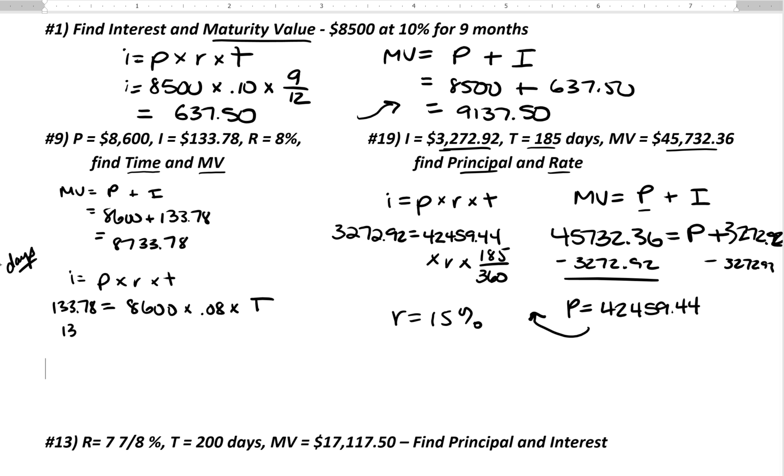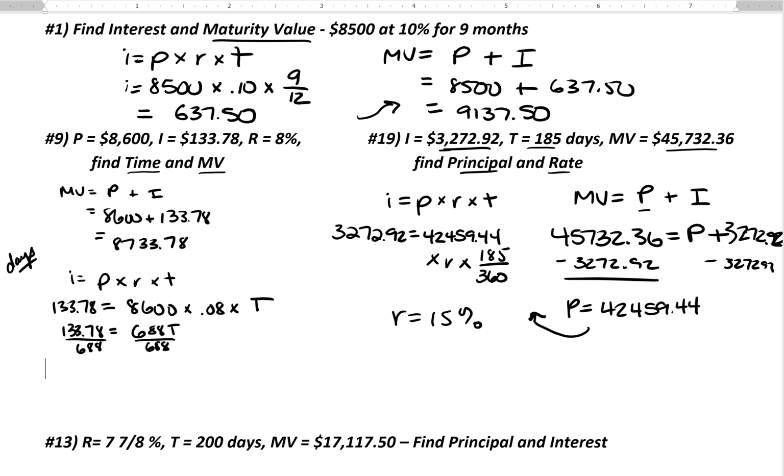So we get 133.78 is equal to 688 times time. 8,600 times 0.08 is 688. And then time, if we divide both sides by 688, and again, you are going to have to be using a lot of algebra going forward, these next few chapters.